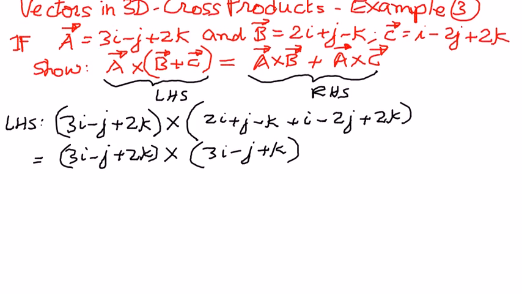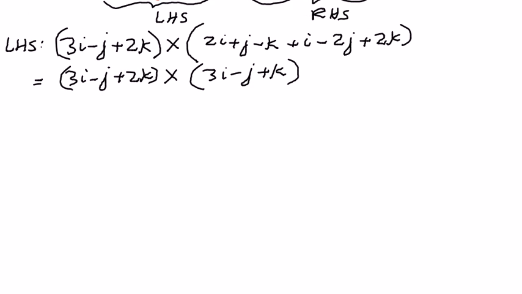Now that we have this information, we're going to use determinants to simplify this cross product: i, j, k, and we're going to pick the coefficients of i, j, and k for the first vector and for the second vector. For the first vector we have 3 as the coefficient of i, the coefficient of j is -1, the coefficient of k is 2.